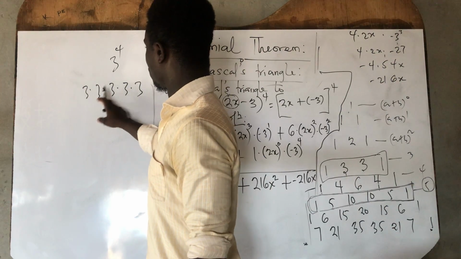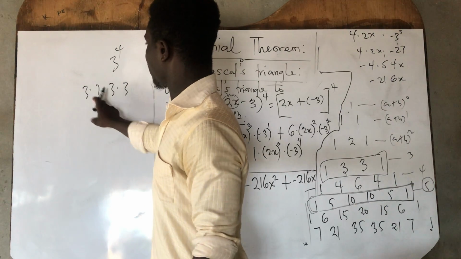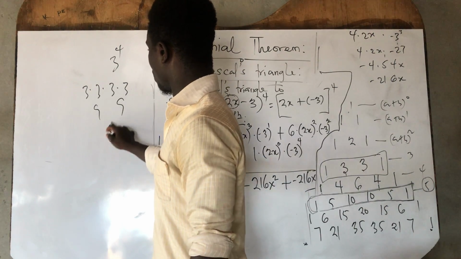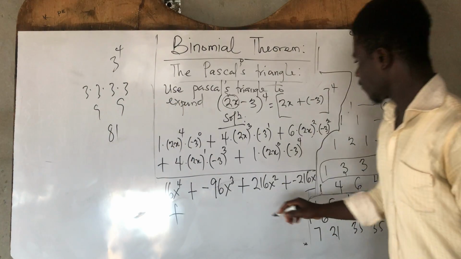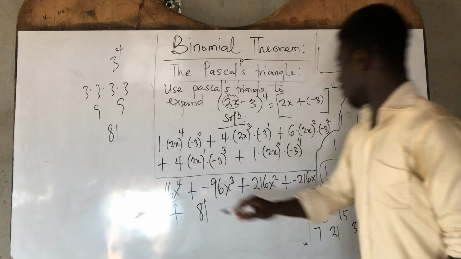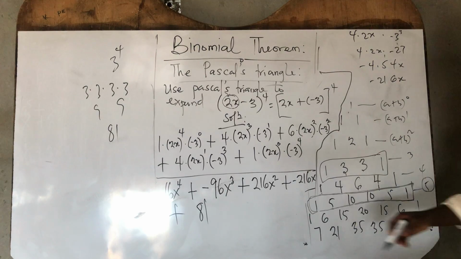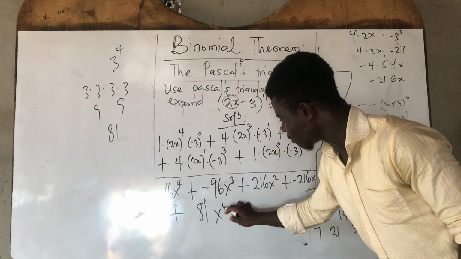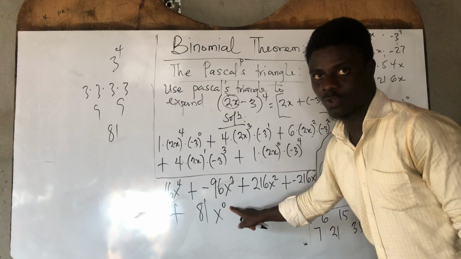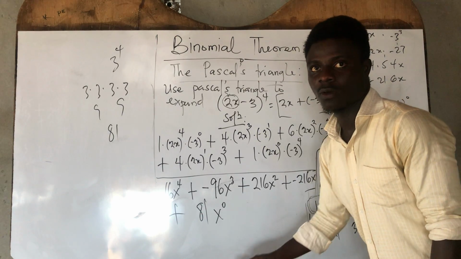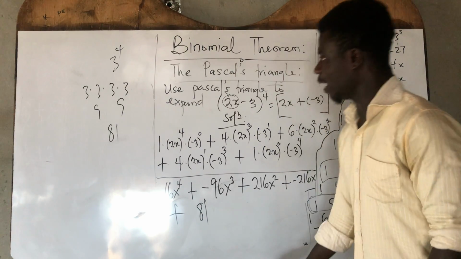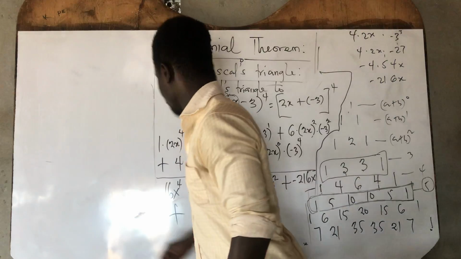So I have this one to be 9, this one to be 9, so I'll get my 81. There is no x, or if there is x, I'll bring x to the power 0, and x to the power 0 moves towards 1.